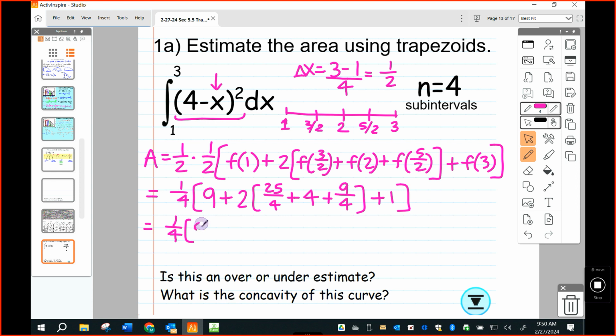Why don't we do that? 9 plus 50 over 25 over 2, plus 8, plus 9 over 2, plus 1. I distributed the 2.